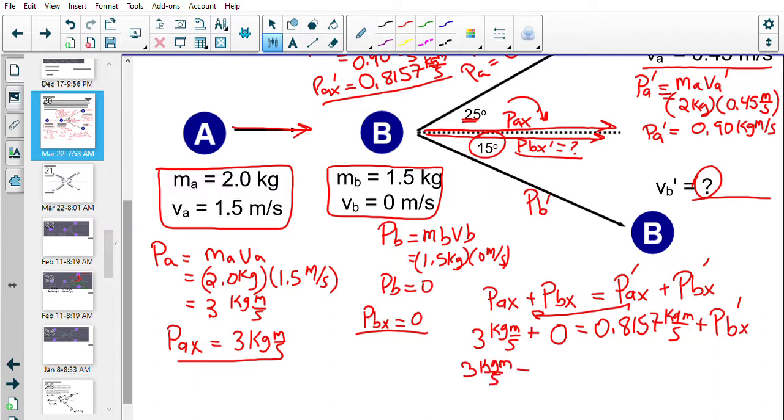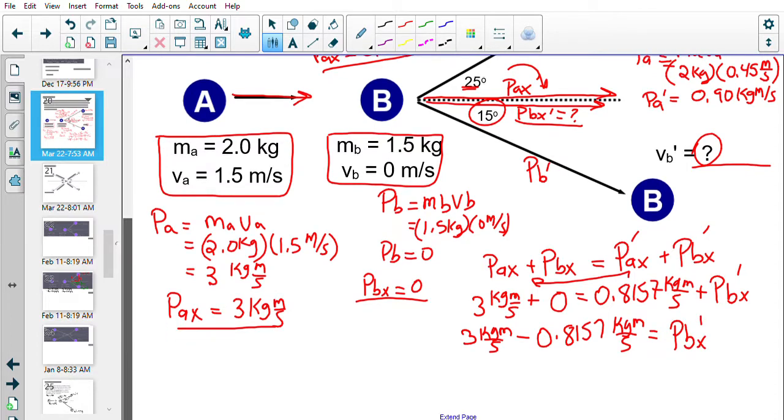So 3 minus 0.8157 kilogram meter per second again is going to give me what my PBx prime is. So that, when you subtract them, comes to 2.184 or so kilogram meters per second.